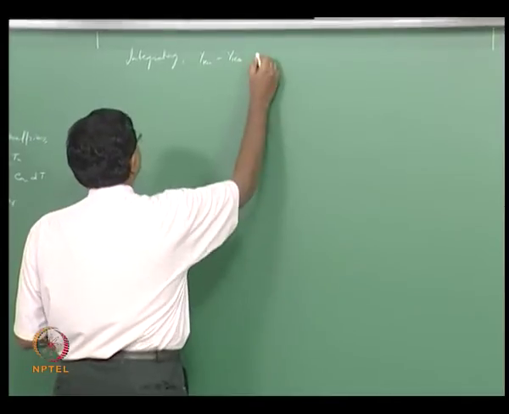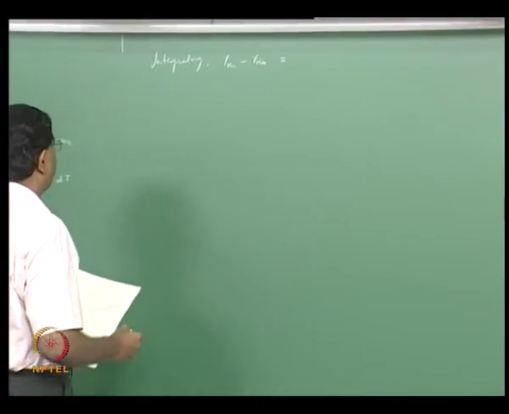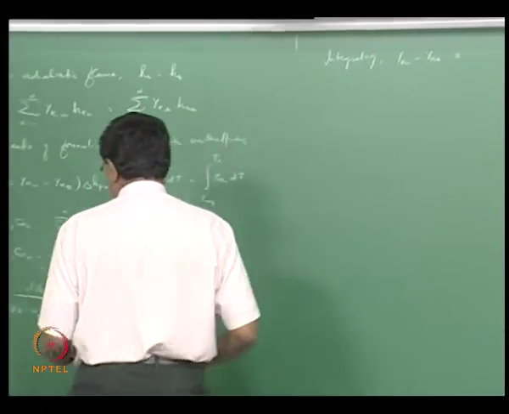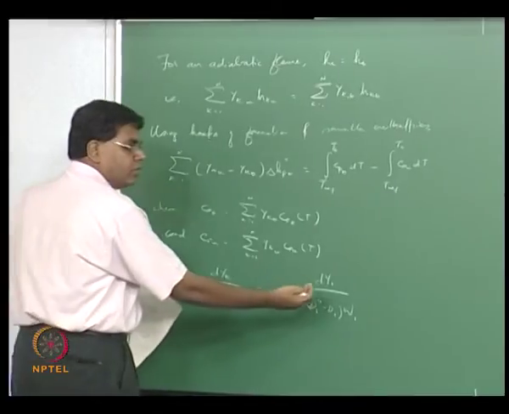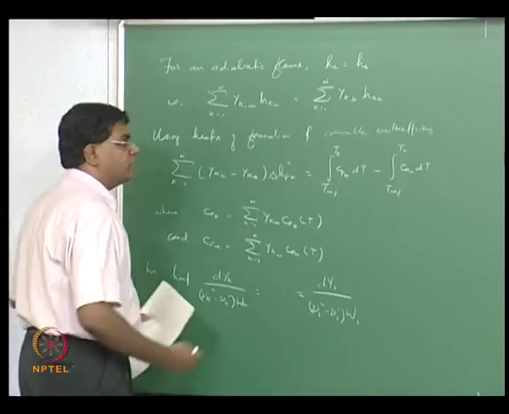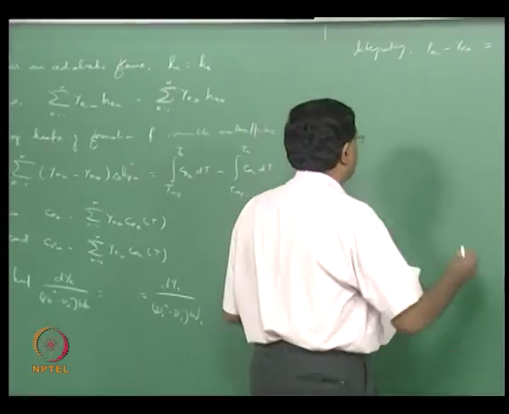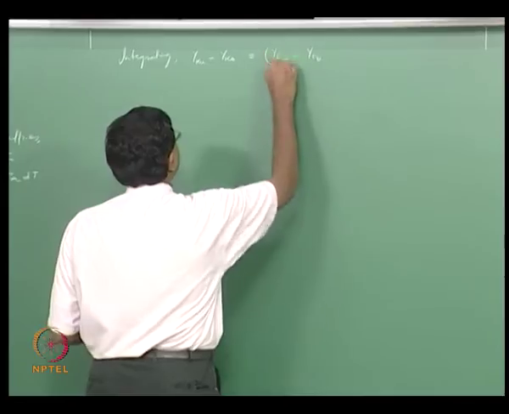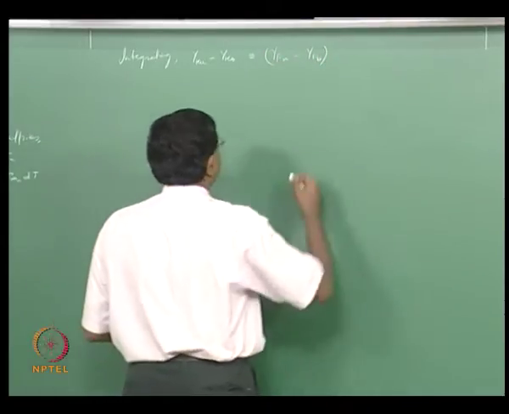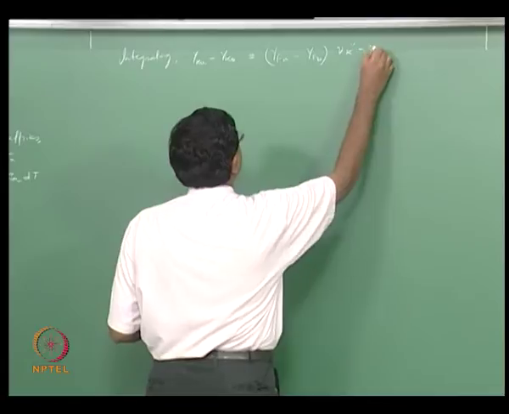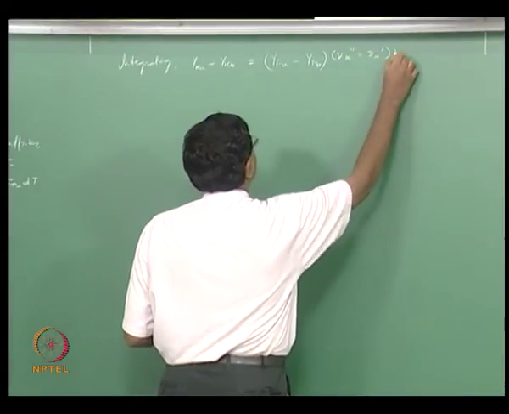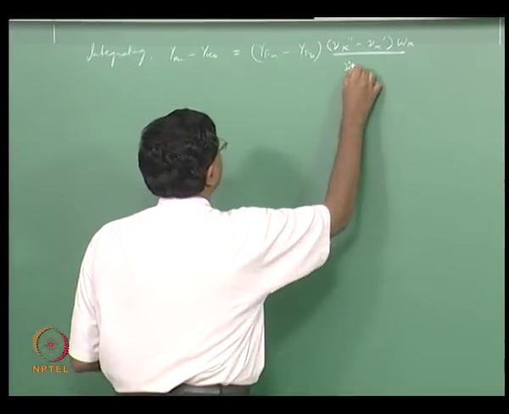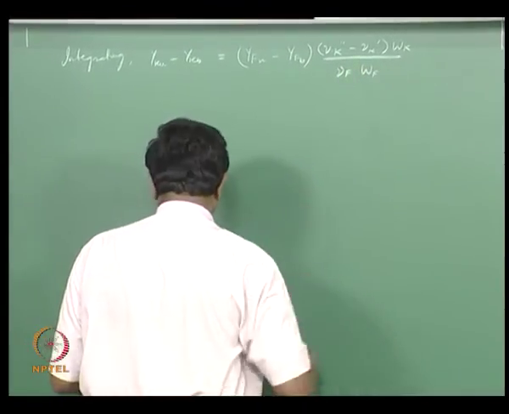equals, so let us suppose that you do this for the kth species in relation to the fuel. So that means you take any kth species and then you take fuel on the left hand side and right hand side respectively, then you could write this as Yfu minus Yfb times (nu k double prime minus nu k single prime) Wk divided by nu f Wf.